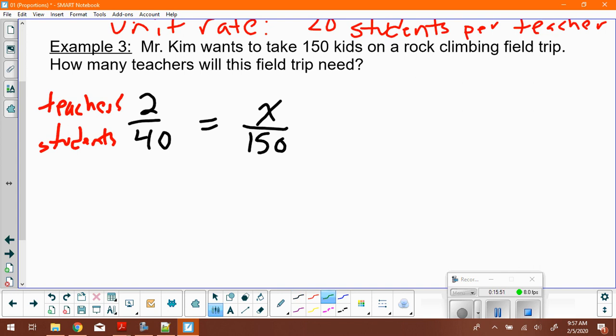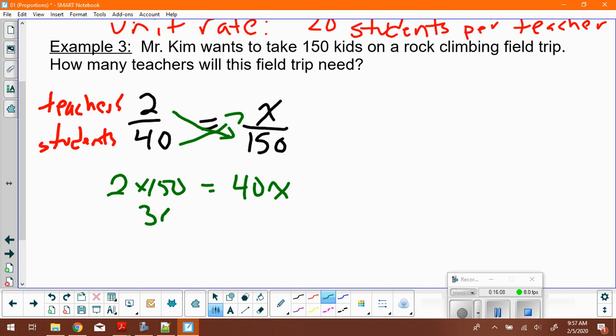Now we'll apply our steps. I'm going to cross multiply. So I have 2 times 150 on one side, and 40 times X, which is 40X, on the other side. Double 150 is 300, which is equal to 40X.